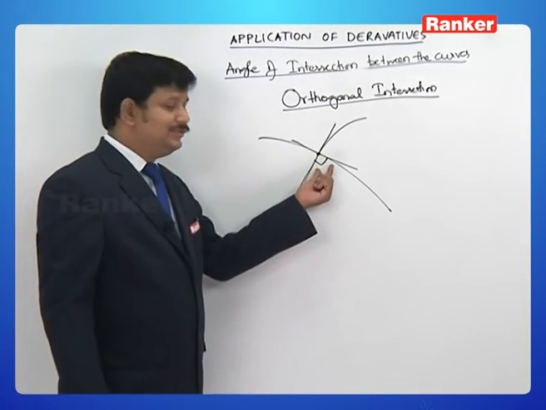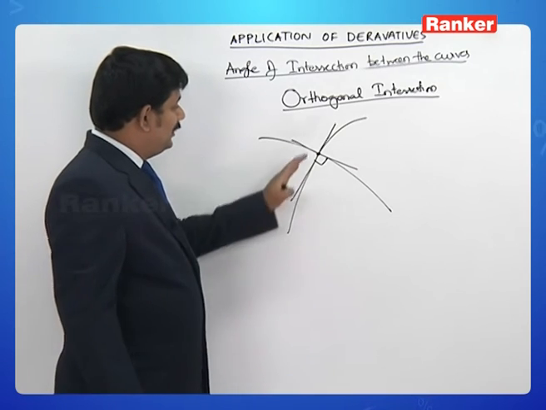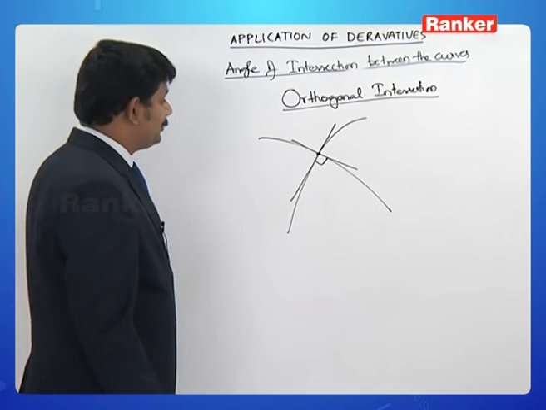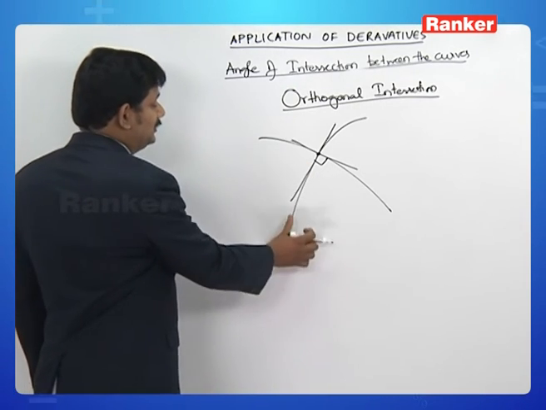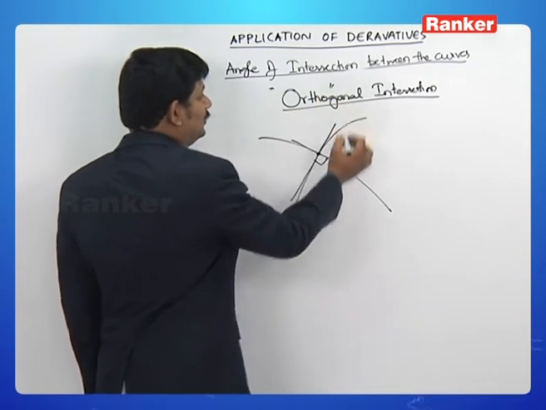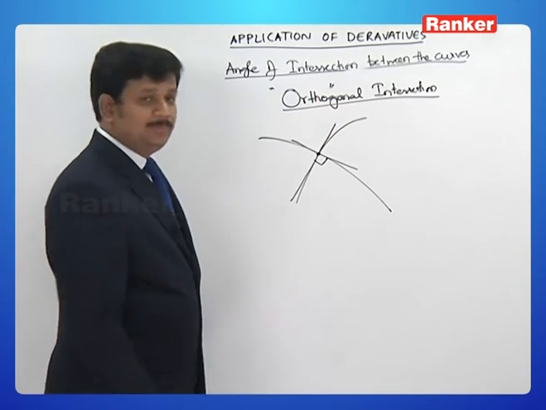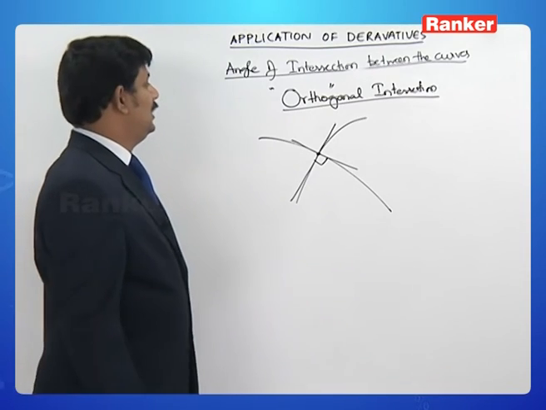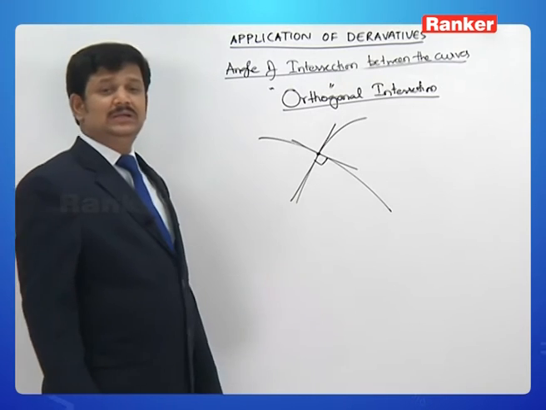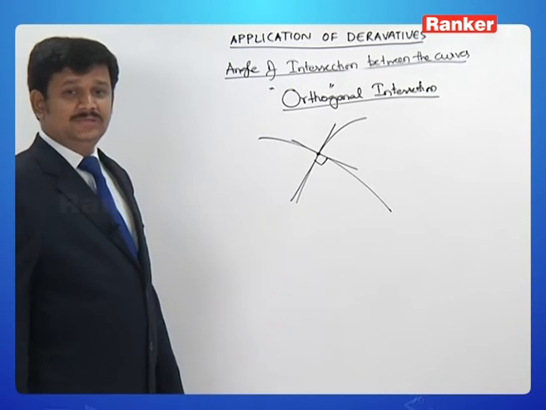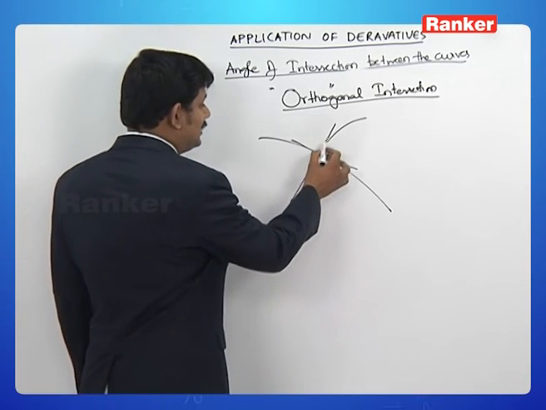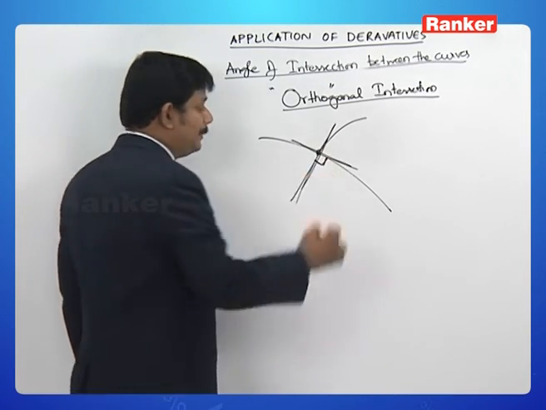If the angle between the curves is 90 degrees, or when the tangents at the point of intersection to both the curves are perpendicular to one another, we say the curves cut each other orthogonally. Wherever the word orthogonal comes into the picture, it has to do with perpendicularity or the angle 90 degrees. And here, in the concept of angle of intersection of the curves, when we say curves intersect each other orthogonally, that means at the point of intersection the tangents are perpendicular to one another.